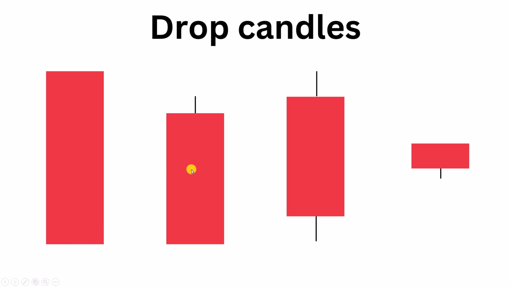If you look at this candle, it has a small wick. If you look at this candle, it has wicks at both sides, but the size is less. And if you look at this candle, it has a small wick at the bottom. So, all these candles can be considered as drop candles. Okay, so this is second type.